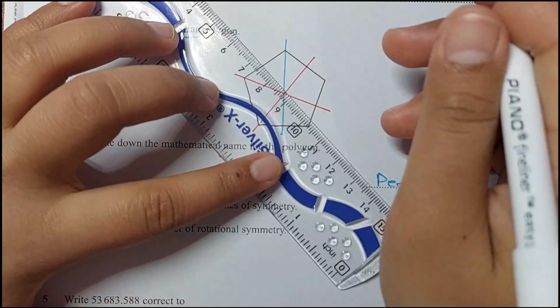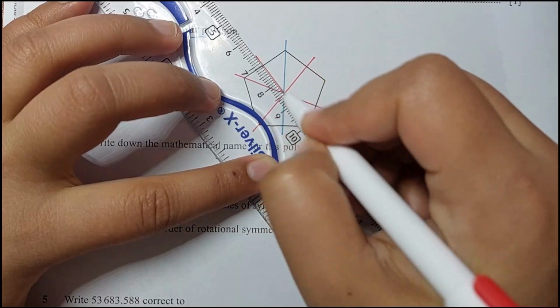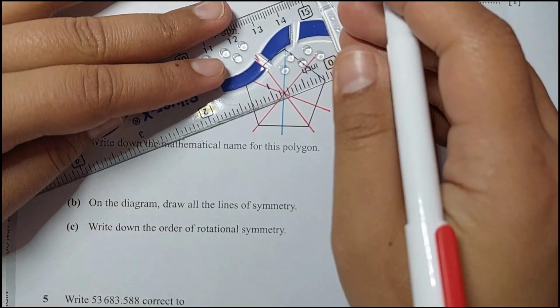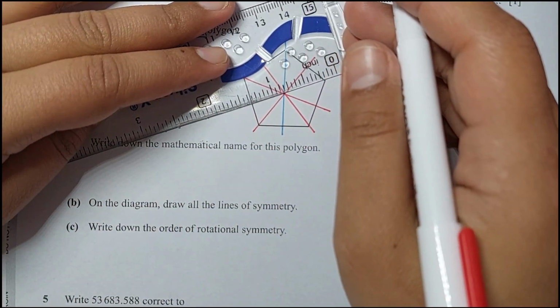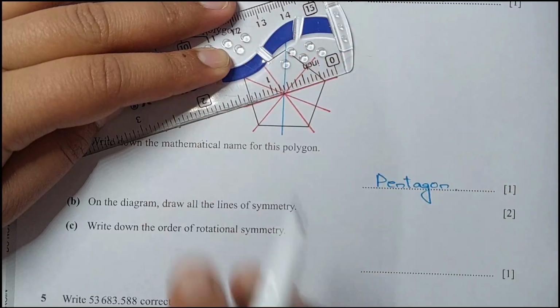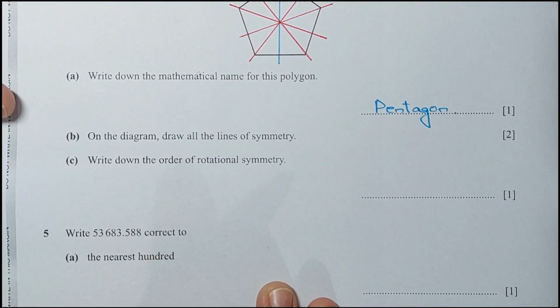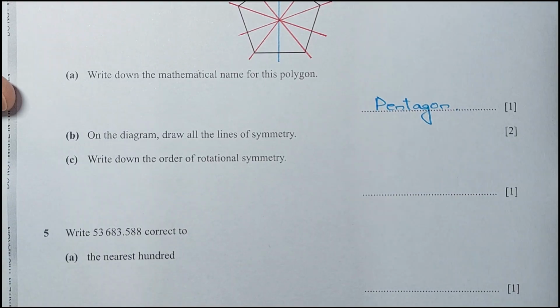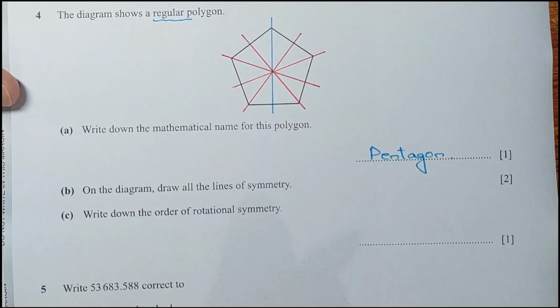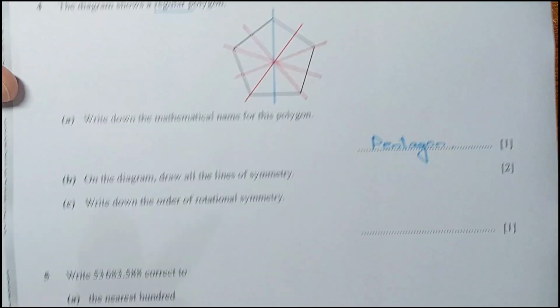Third. Fourth. And the fifth. So it has 5 lines of symmetry. Now for part C, write down the order of rotational symmetry. So obviously it has an order of rotational symmetry of 5 because it has 5 sides.